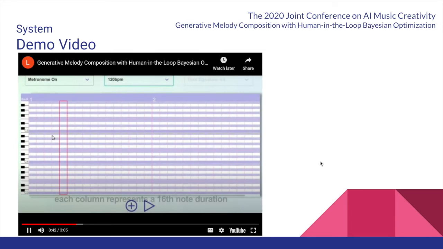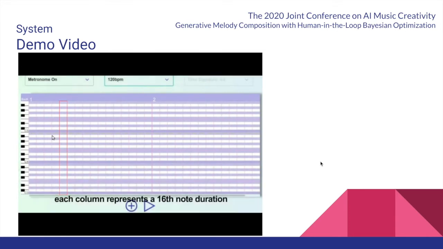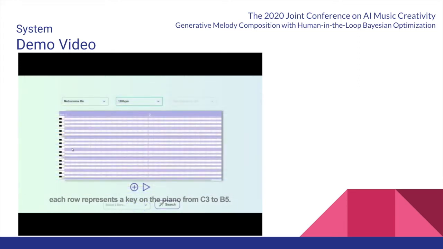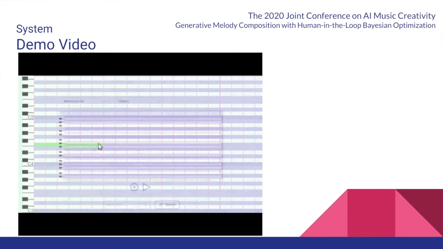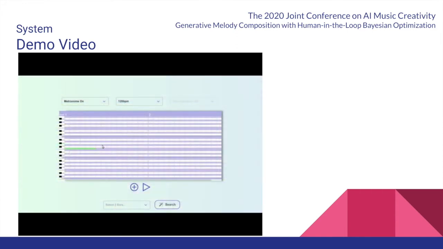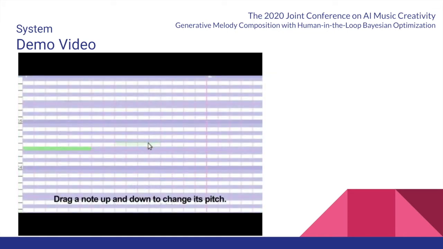This is the composing interface. Each column represents a 16th note duration. Each row represents a key on the piano from C3 to B5. The user can input notes into the system by left-clicking and dragging on the note sheet. Drag a note up and down to change its pitch.